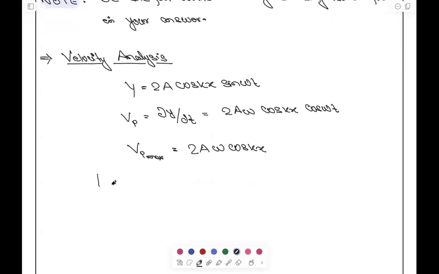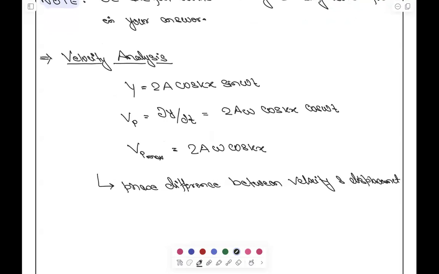So first thing I can write here is that the phase difference between velocity and displacement is pi by 2.